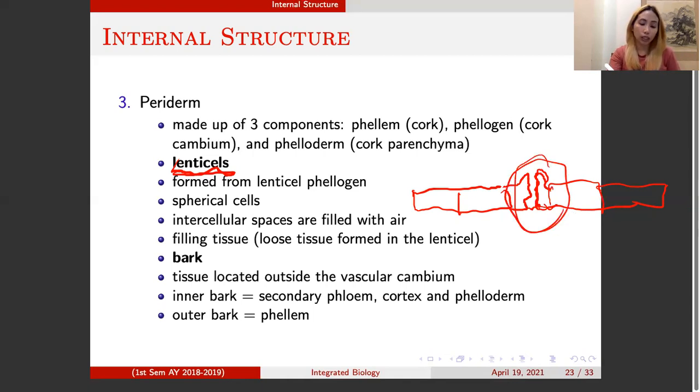So they have intercellular spaces, and these are actually filled with air. Okay? So filling tissues are just normally loose tissues formed in the lenticels. So may makikita kayong mga sometimes, right? May makikita kayong mga tissues in broken lenticels, and they are the filling tissues.